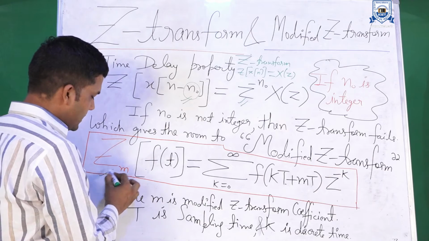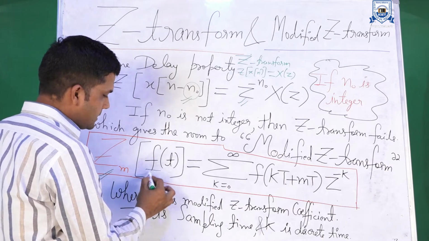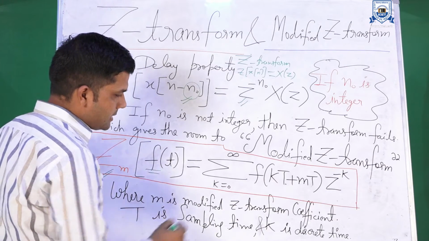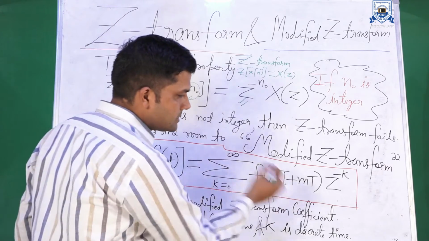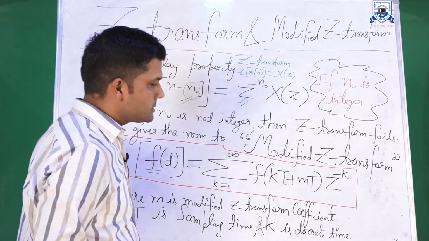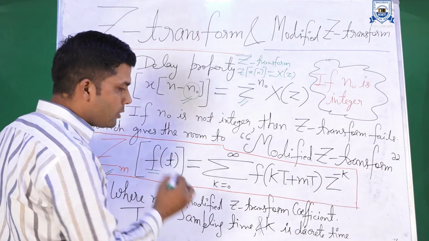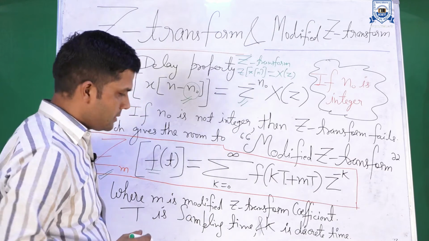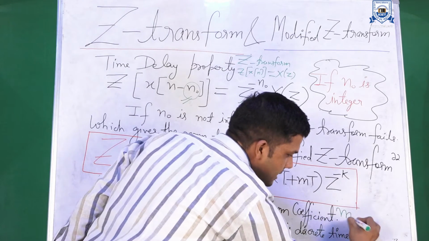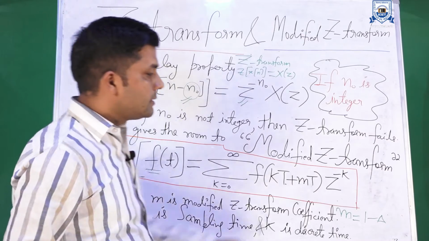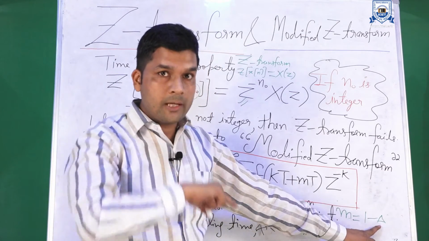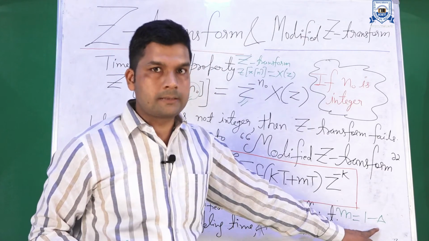So here modified Z transform of f(t) signal is written as the summation k equal to 0 to infinity f(kT plus mT) z to the power minus k, where m is the modified Z transform coefficient and it is related as m is equal to 1 minus delta. What is delta? Delta is the coefficient which is appearing in the original control system.